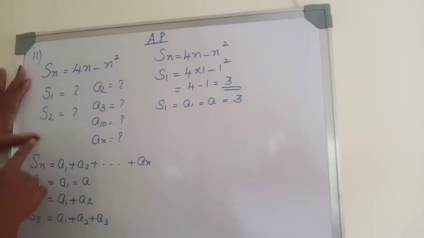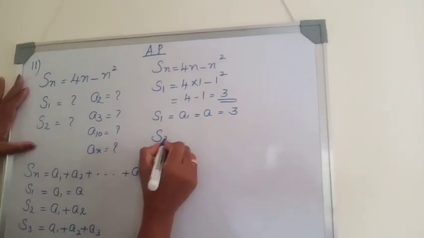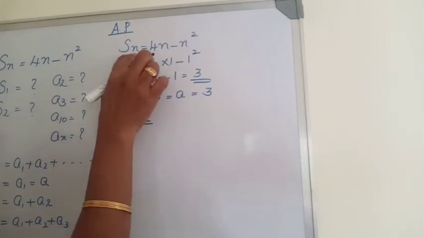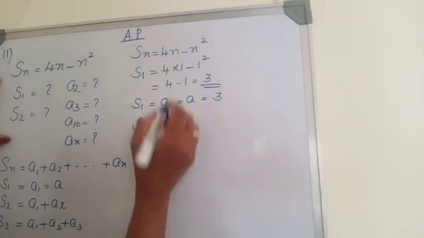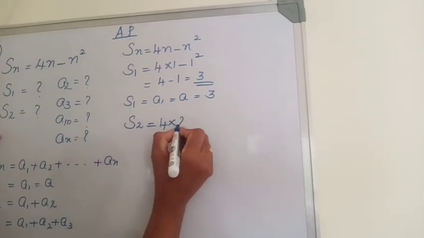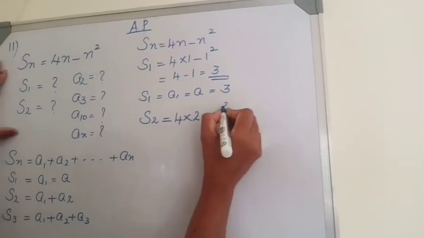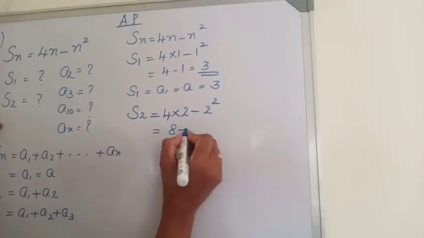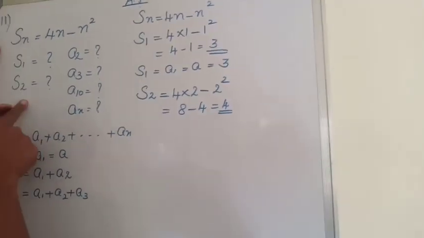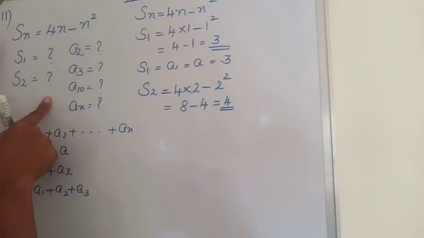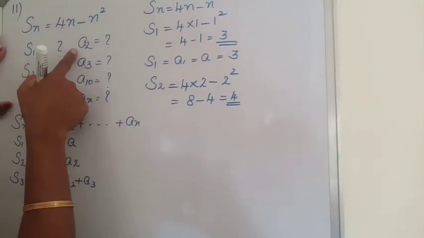Now, we will find out S2. As Sn is 4n minus n square, S2 is equal to, instead of n, we write 4 into 2 minus 2 square. 4 into 2 is 8, 8 minus 4 is 4. So, we get S2 is 4. So, we got S1 and S2. Now, they asked to find out A2.